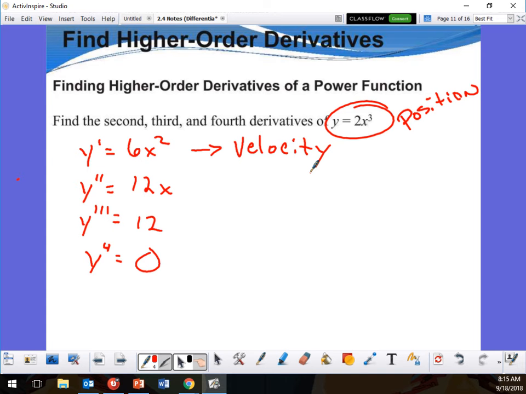All right, so after velocity, the next derivative is going to be acceleration. And after that, the derivative after acceleration is going to be the jerk. It's actually the force with which it's pulling at that second.